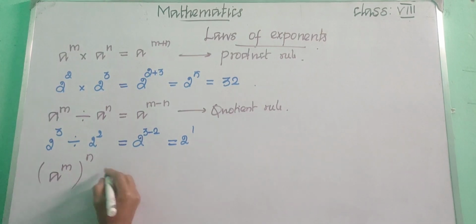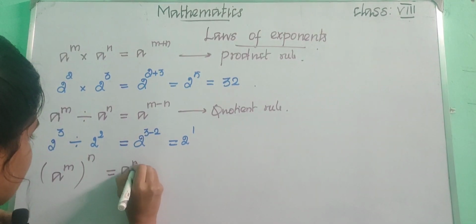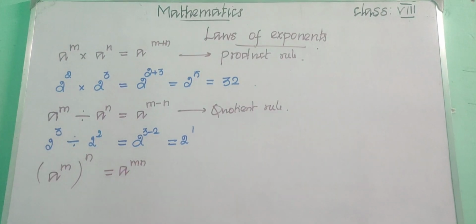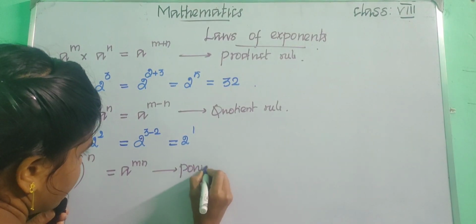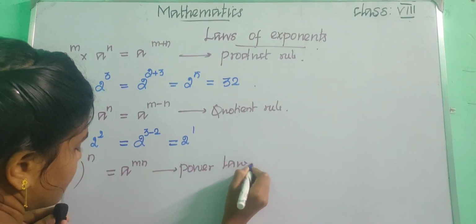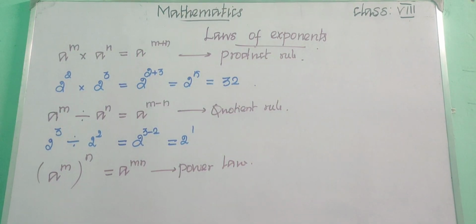We can write it as a power mn. So this is called power law. So a power m, the whole power n equals a power mn. It is called power law.